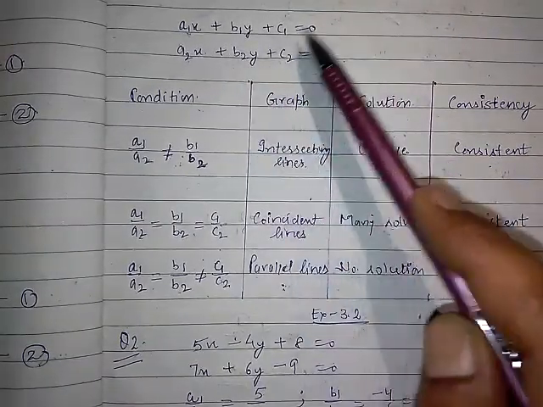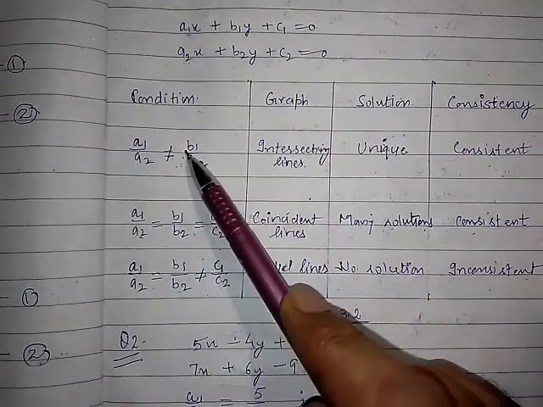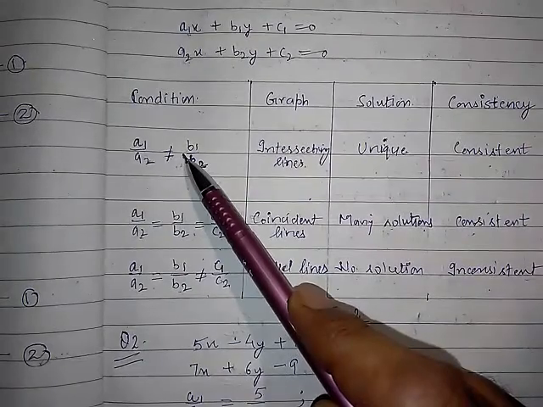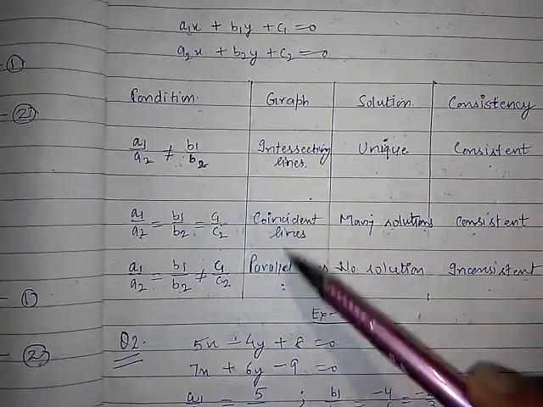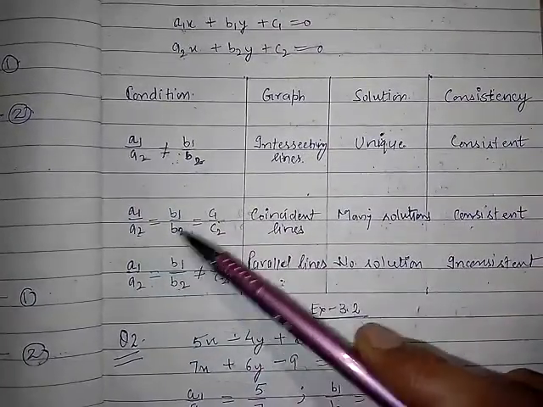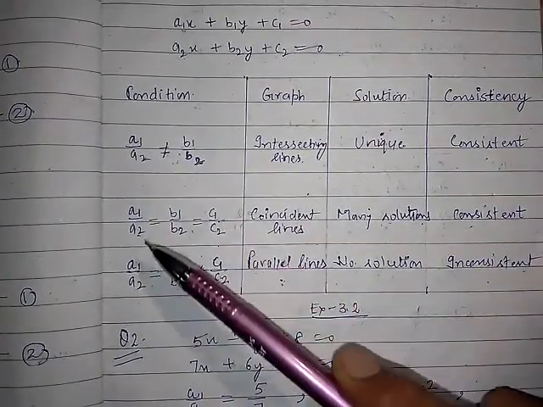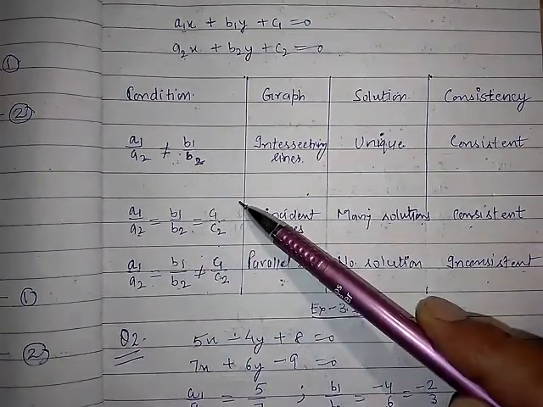Then after looking at the ratios, you will come to know that the first two ratios are not equal. Suppose the first two ratios are not equal, that will be your first condition. Then if all the three ratios are the same, that will make your second condition. If the first two ratios are the same but the third one is not equal, that will make your third condition.